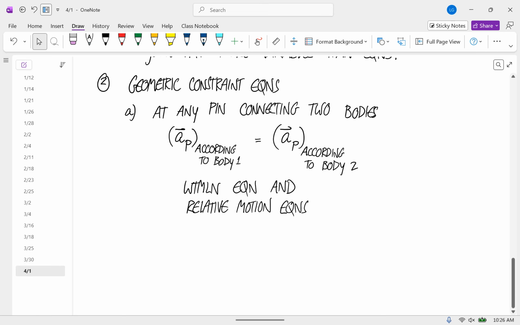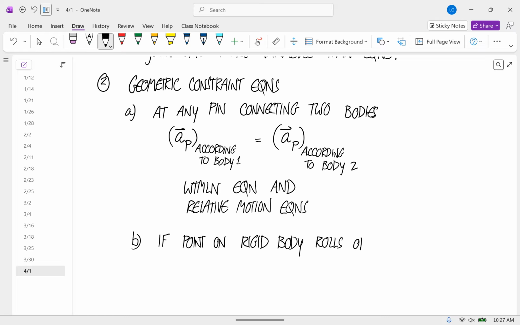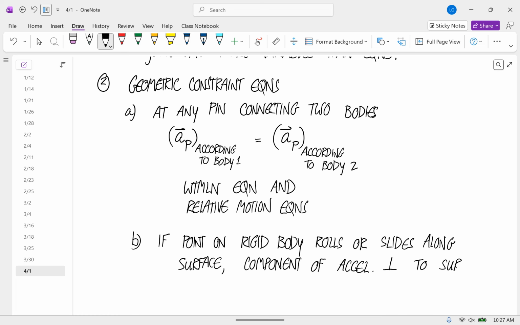The other type of joint you can have, so B, is if a point on a rigid body rolls or slides along a surface, the component of acceleration that's perpendicular to the surface is 0.